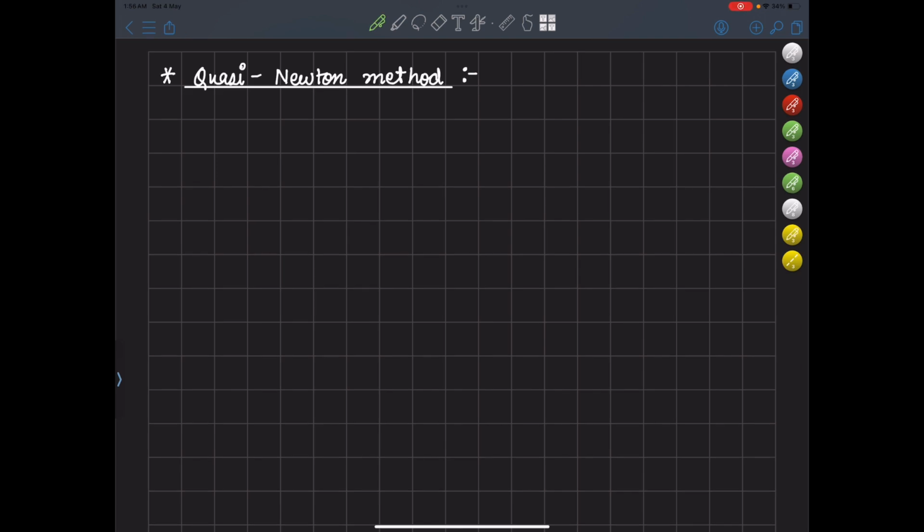So the basic idea of Quasi-Newton is as follows. In Newton's method, the descent direction is given as minus hk inverse gk. This is Newton's method. In Quasi-Newton method, the descent direction is given by minus bk gk, and there is no inverse.